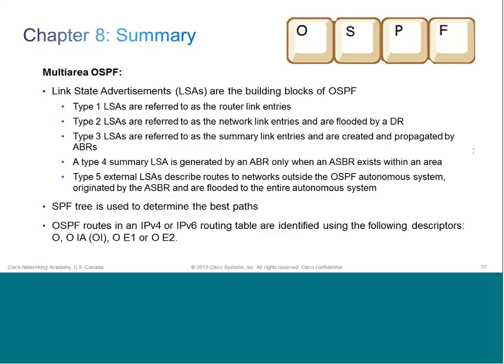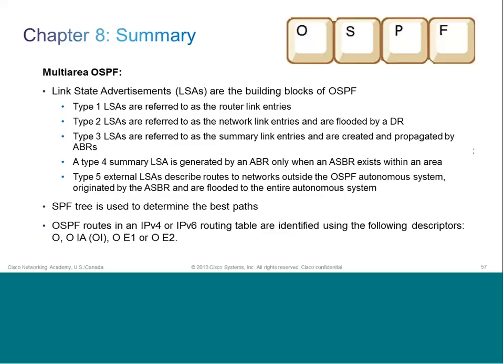A type 4 summary LSA is generated by an area border router only when an autonomous system boundary router exists within an area. So if an area border router sees that there's an autonomous system boundary router in its area, it will send a type 4 summary link state advertisement.